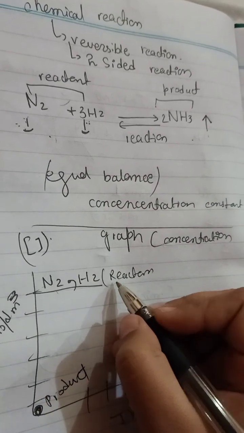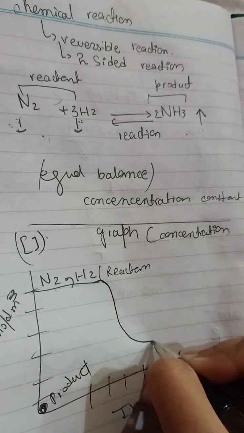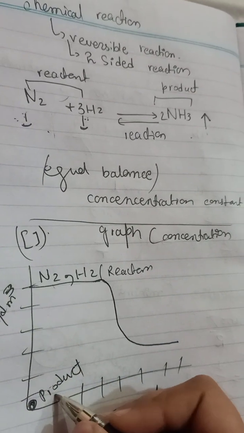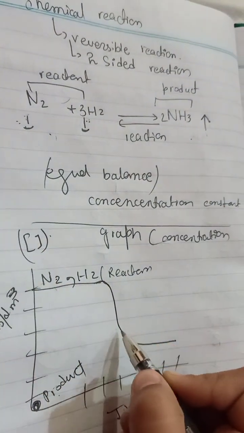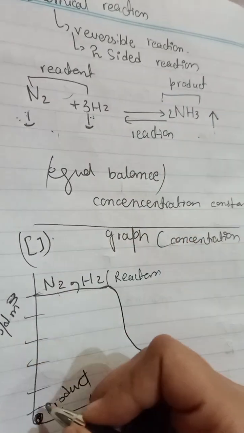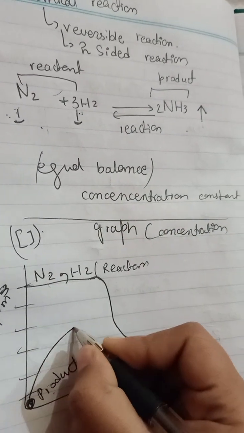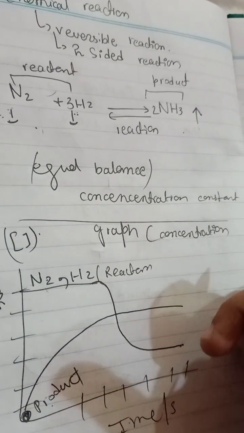So when the concentration of the reactant is low, you can see that it is going downward with respect to time, and the product is getting increased, so I can write here that the product is increasing like this. At some stage the concentration will become constant.